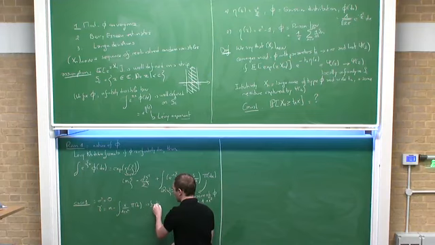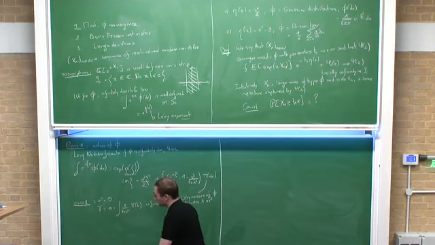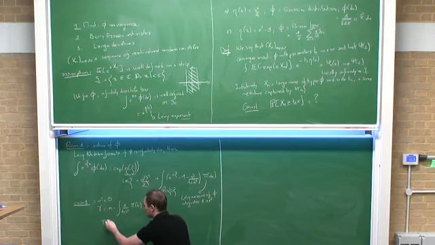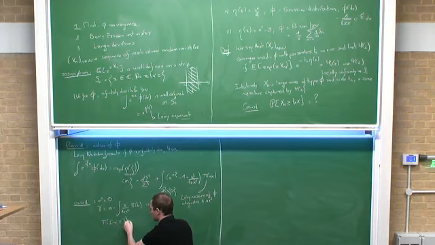And there is a third assumption: you also assume that pi doesn't charge a neighborhood of 0. So there is some epsilon such that pi of minus epsilon to epsilon is equal to 0.